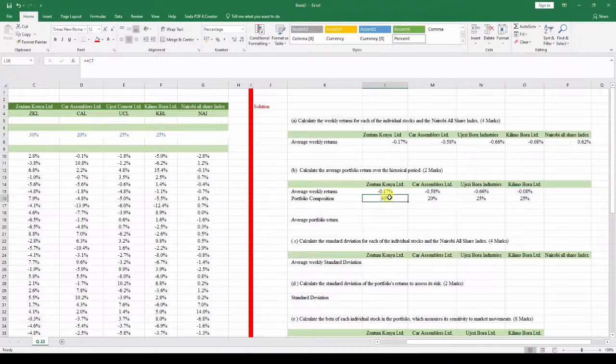Because all of these portfolio composition total to 100%, as you can see down here, we cannot include the All Share Index into our portfolio. How do we get the average portfolio return?